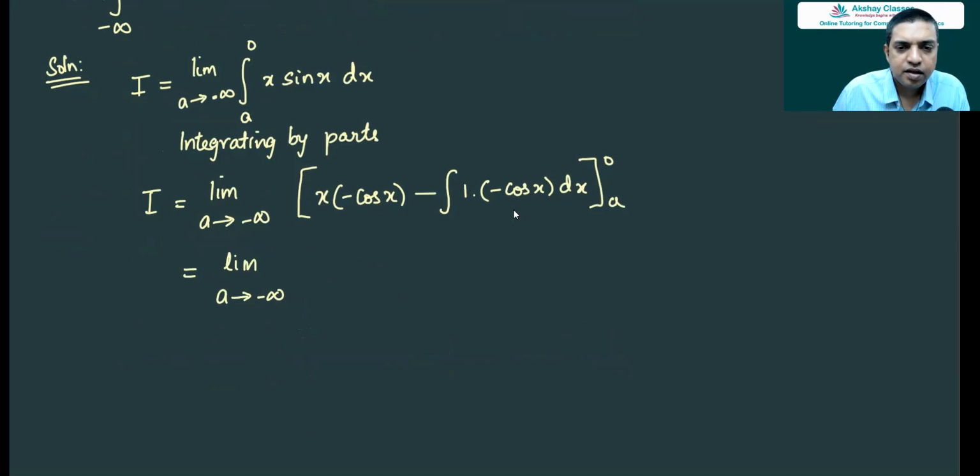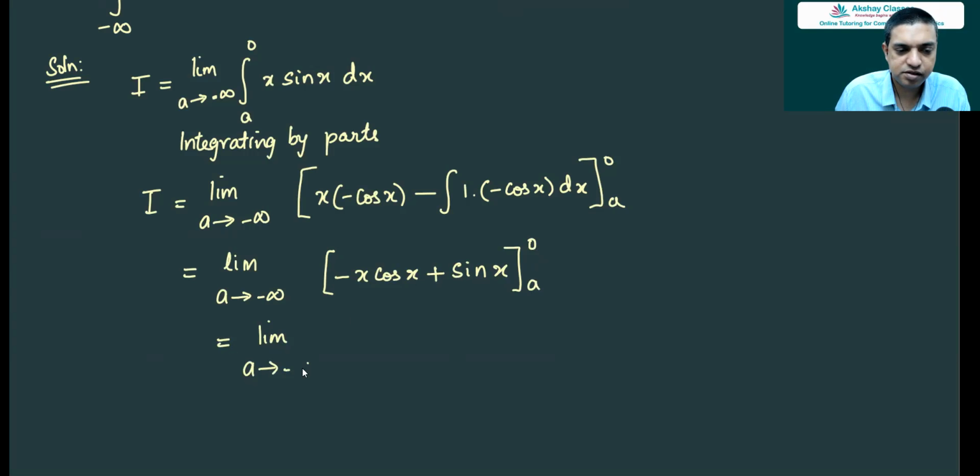Now this becomes cos x, minus and minus becomes plus. So integral of plus cos x, and that is sin x. So we get minus x cos x plus sin x as the indefinite integral. Apply limits from a to 0.